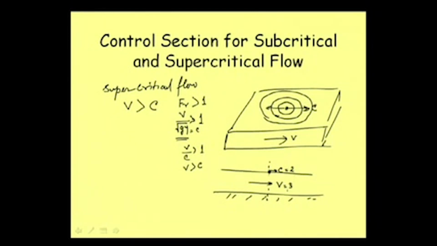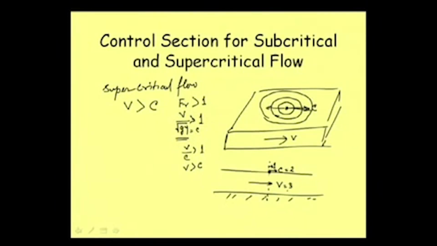Suppose 3 minus 2, that means 2 is in this direction and 3 in the other direction, so 2 minus 3, the total net speed will be 1 in the downstream direction. The net speed of the wave which is trying to move in the opposite direction will be 1 in the downstream direction.